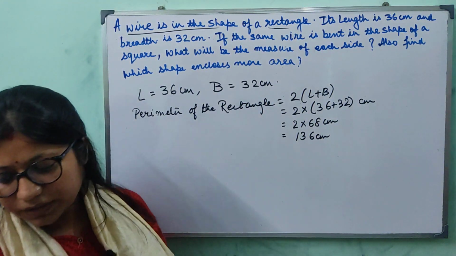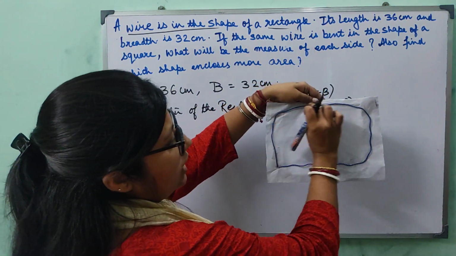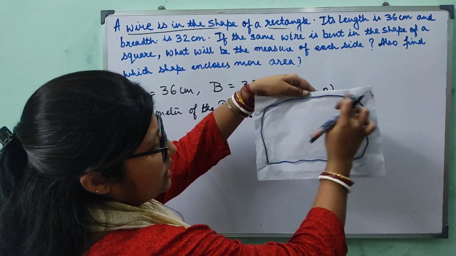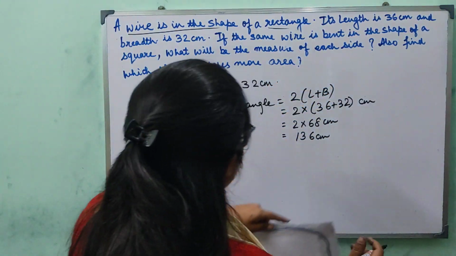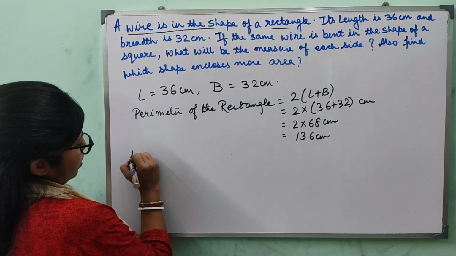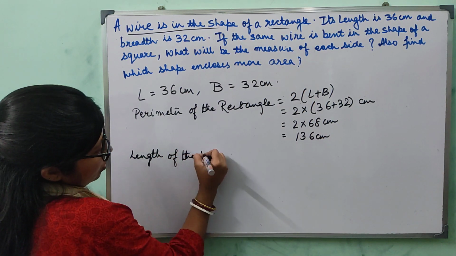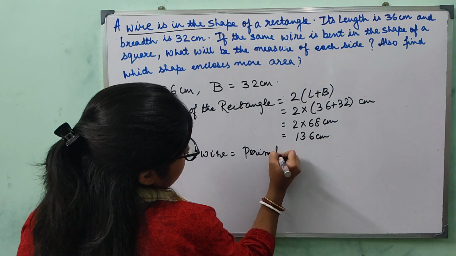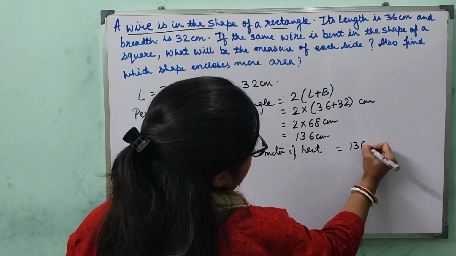Now the perimeter of the rectangle is what? The length of the wire. This is the wire and this is making the rectangle. So the length of the wire is actually the perimeter of the rectangle, which is equal to 136 centimeter.